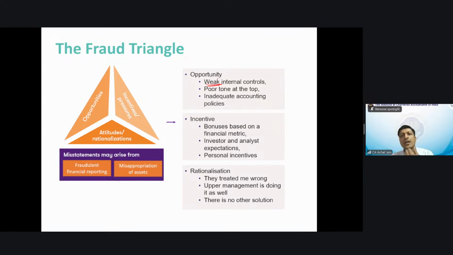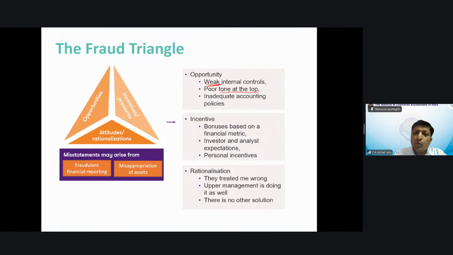If, let's suppose, the top management is not really bothered or worried about anything which may go wrong in the financial statements in respect of financial reporting requirements, something we discussed earlier as well, that we call the top leading from the front.